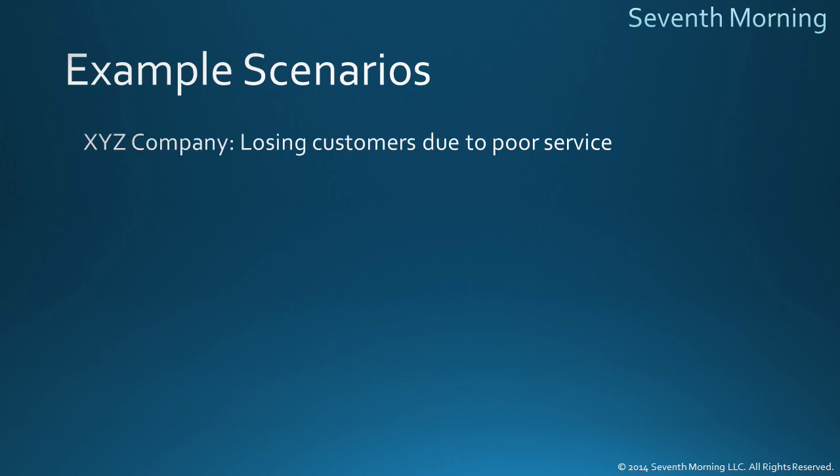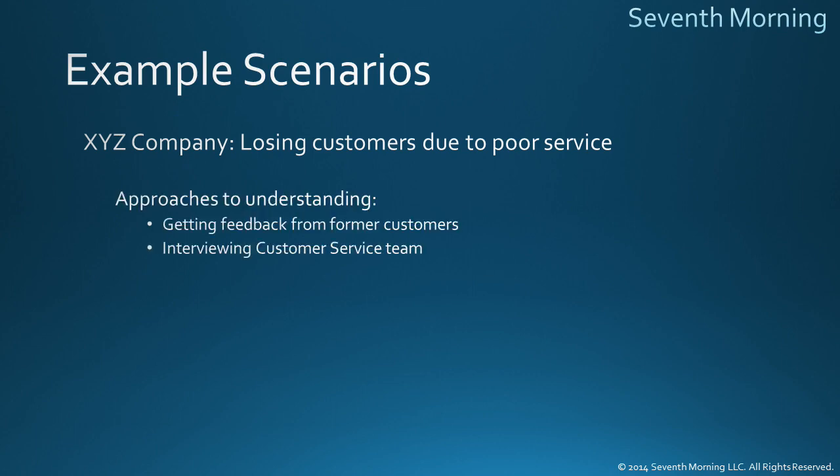Okay, first example is pretty straightforward and pretty common. Let's say we have a company, call it XYZ, which is losing customers due to poor customer service. In this case, a business analyst might start to understand the problem by talking with customers that have left the company to gather their feedback, or perhaps by interviewing members of the customer service team to see what their perception of the problem is.